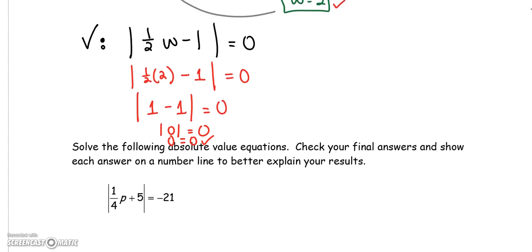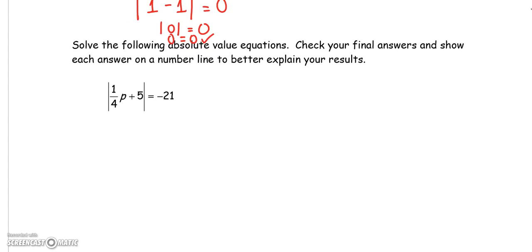Let's talk about this last problem. And the problem says, I want to be, so here's the 0. I want to be negative 21 units this way to the right of 0 and negative 21 units to the left of 0.